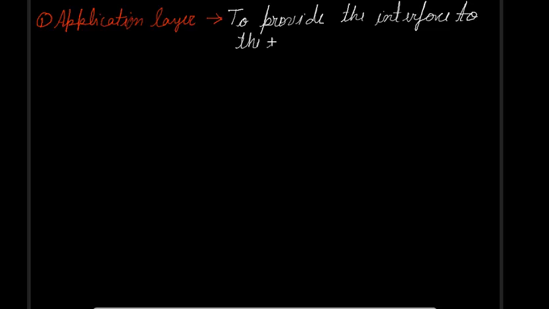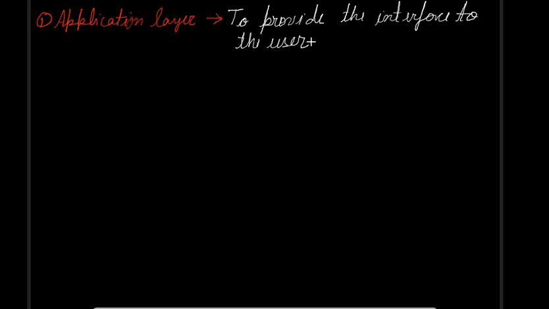The application layer of one machine interacts with the application layer of another machine. So we can say that its use is to provide the interface to the user, right?